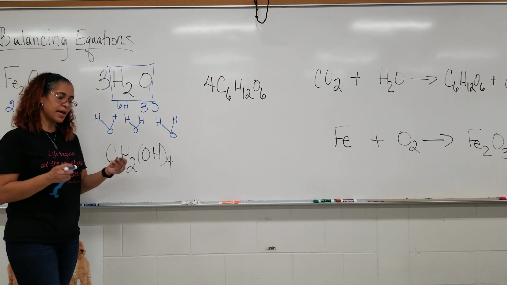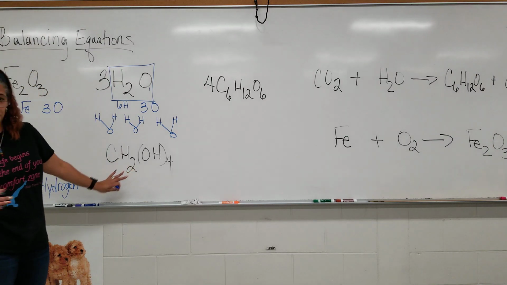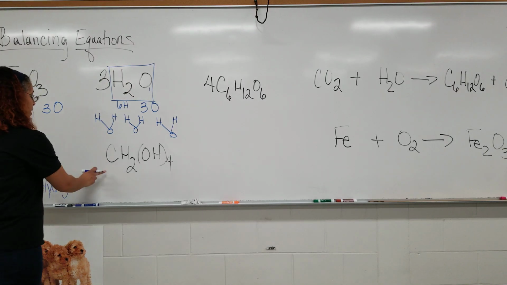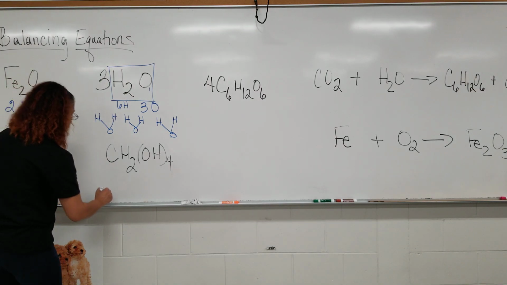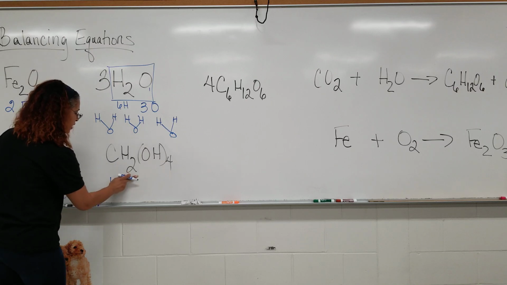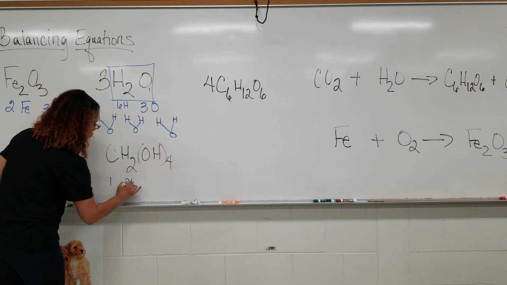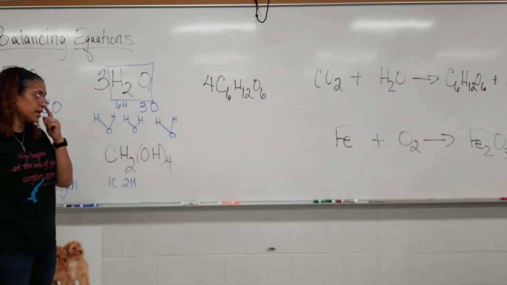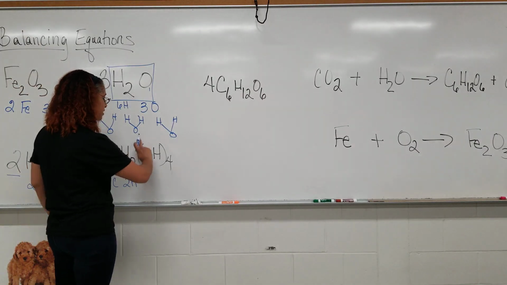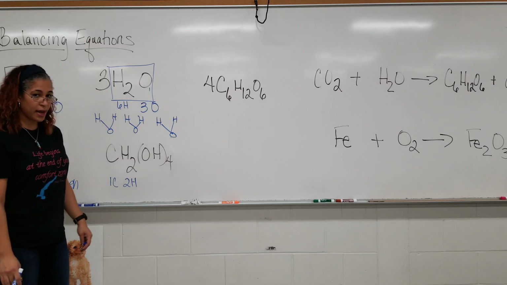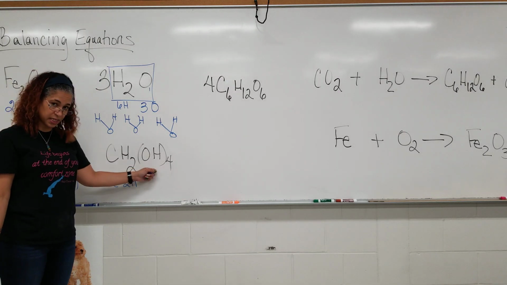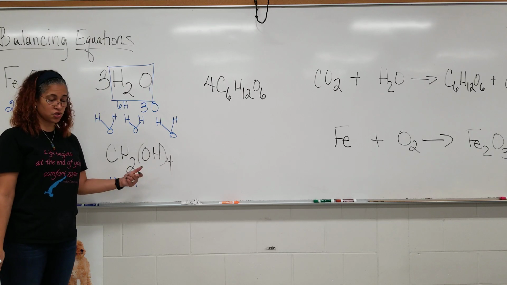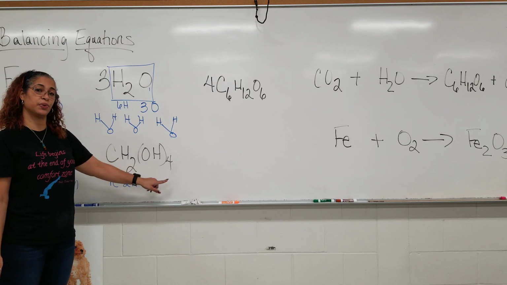Okay? Now, we have something that looks a little scary here. Okay? We have here 1 carbon and here 2 hydrogens. So we have 1 carbon and 2 hydrogens. But then we have a parentheses around this particular molecule OH, and it's got a 4 next to it.